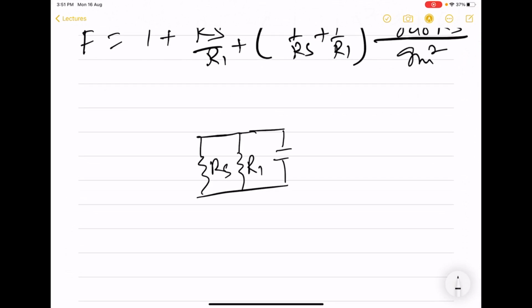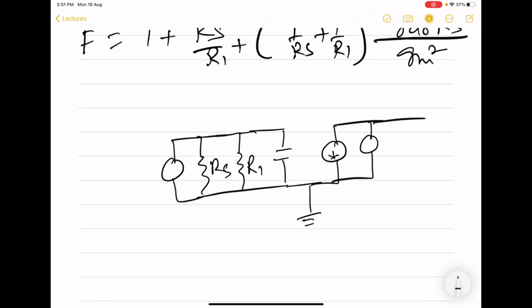So this is no longer usable as an LNA, but if this is the circuit we want to solve for the noise factor, then taking the current source model for R1 and RS will be better, because this will allow us to do the calculation more quickly.